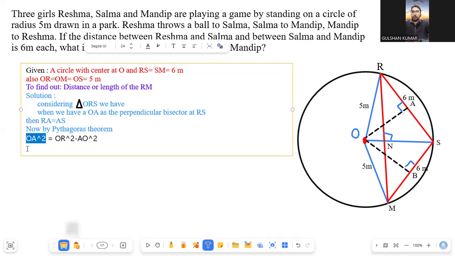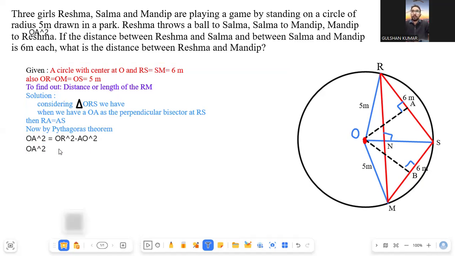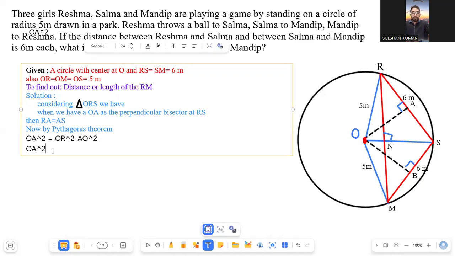So we know that OR is 5 meter, and RS is 6 meter. So here we have RA as 3 meter because of the perpendicular bisector.